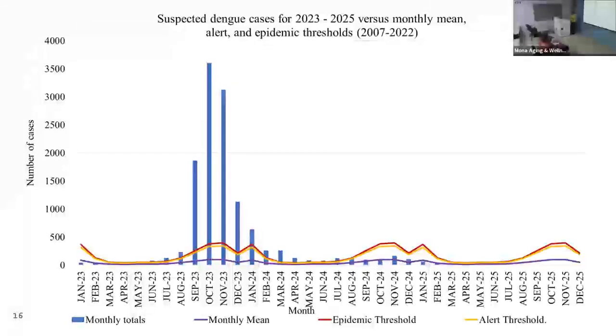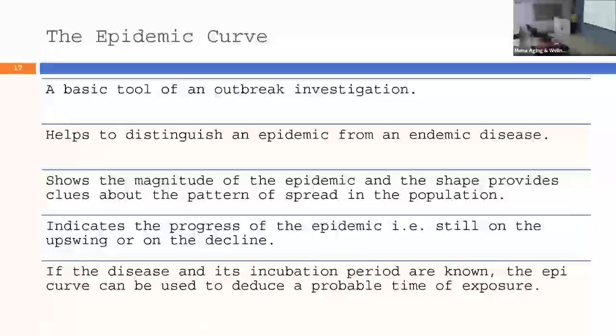And we do that for dengue, for influenza, and the syndromes as well. We plot either by month, or if we have more granular data, by epi week. So on average, how many cases of fever and respiratory symptoms would you expect in epi week 20? And we get the alert and epidemic threshold.